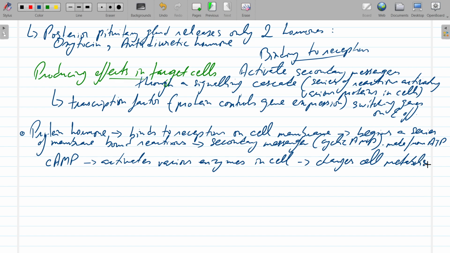So how does it affect metabolism? Well, it binds to another chemical or another enzyme that goes into the nucleus, enters the nucleus and acts as a transcription factor.